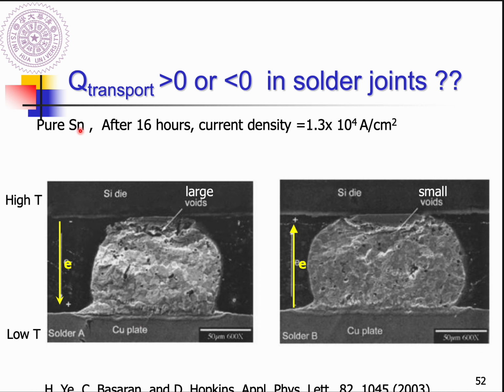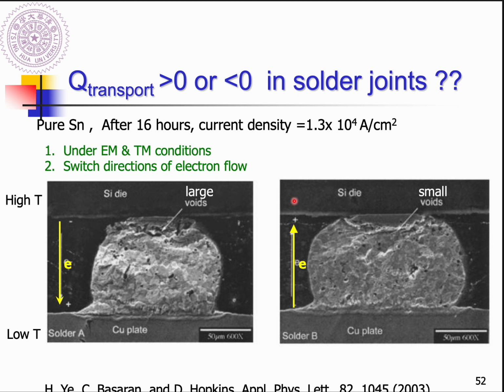The material is pure tin, and after 6 hours, we apply the current density in this order, and after 16 hours, they take these SEM pictures. In this case, they find a large void formed near the silicon die when they apply the electron flow along this direction.